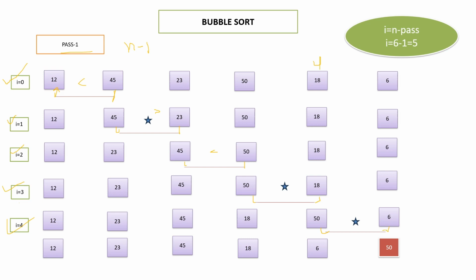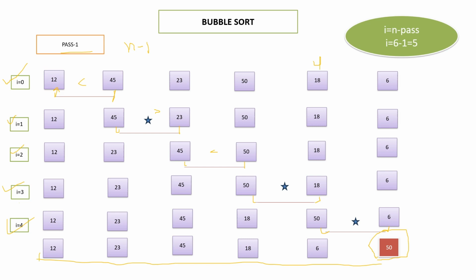We find that 6 is smaller than 50, so we need to swap them, and the greatest element in our array is placed at the right position. Before the 50, all the elements are smaller than 50.